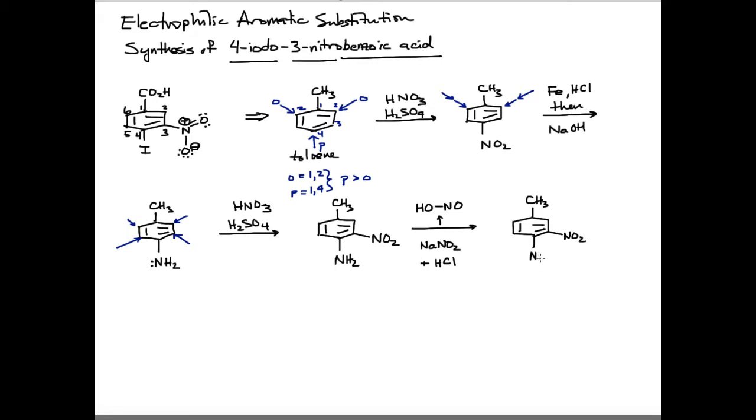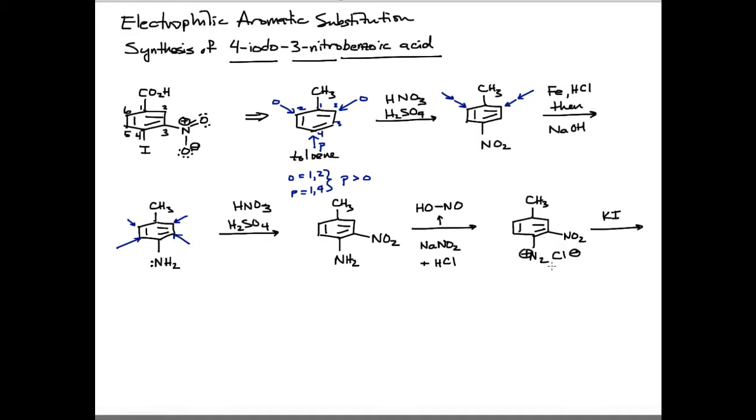So you have N2, that's bearing a positive charge. And then in this case, we're going to have chloride as the counter ion for the salt. So we have this arene diazonium chloride salt. And next, we're going to treat that with potassium iodide.